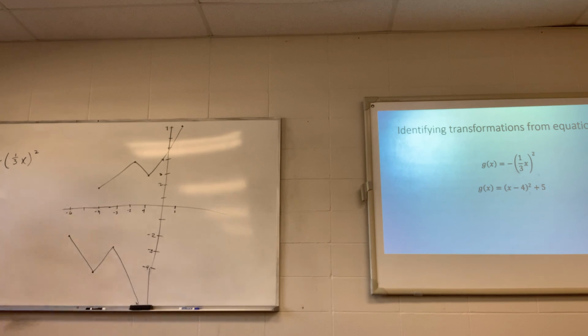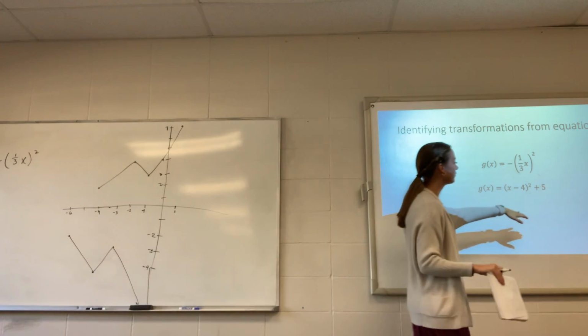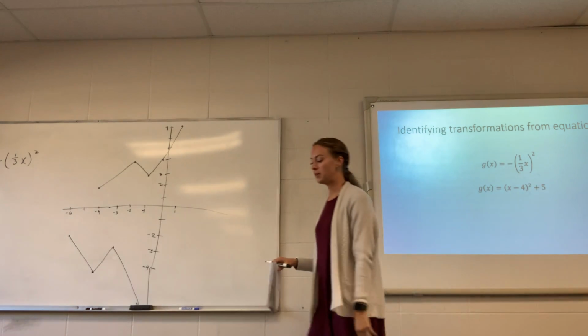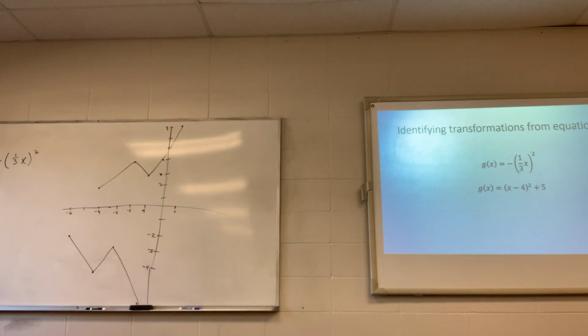This negative that's out front of everything, what do you think that does to the graph? What do you think, Jade? Up or down? So negatives are gonna reflect it. If we have just a number on the outside, that moves it up or down. But let's see, Mia, do you have a guess? What's the negative gonna do? Across the y-axis.